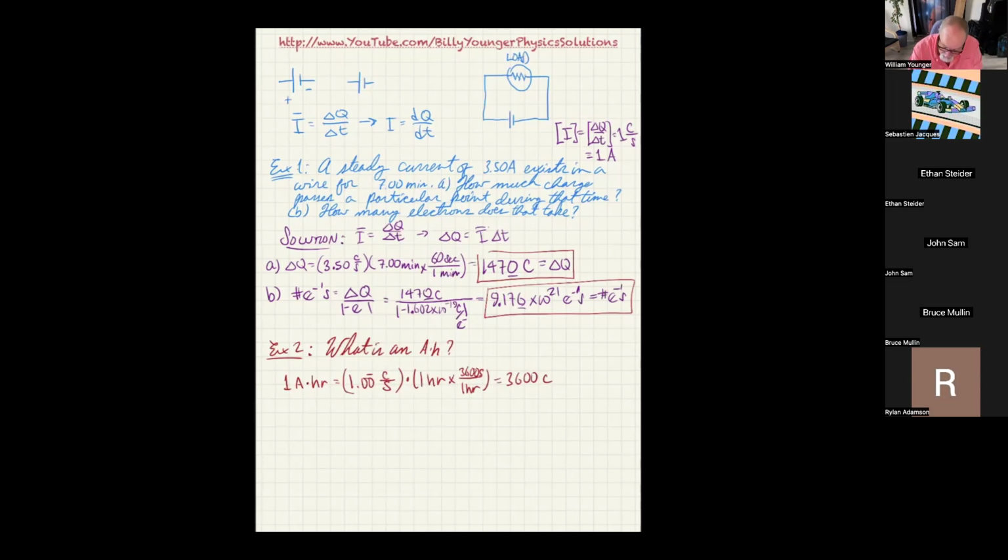So the answer is, the amp hour is a unit of charge, and it is 3,600 coulombs.